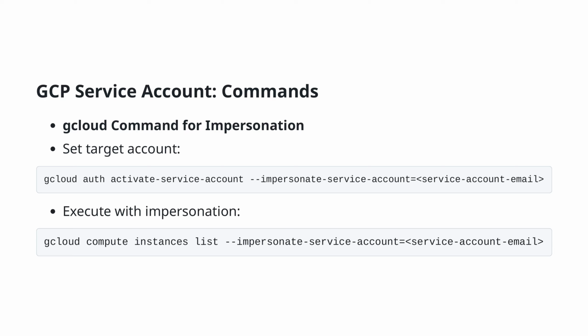For instance, to list compute instances under the impersonated account, you would use gcloud compute instances list --impersonate-service-account=SERVICE_ACCOUNT_EMAIL. These commands highlight the practical steps for leveraging service account impersonation, ensuring you can operate with the appropriate identity and permissions without needing to manage private keys directly. This approach enhances security by providing fine-grained access control.